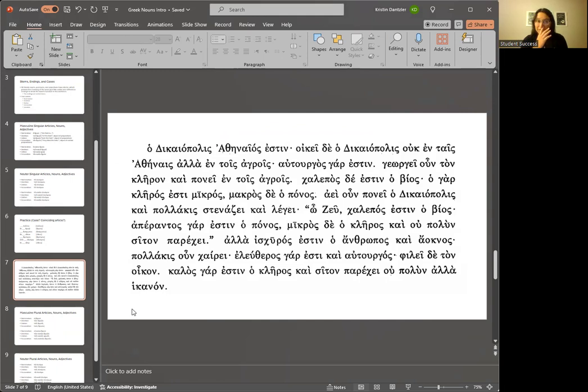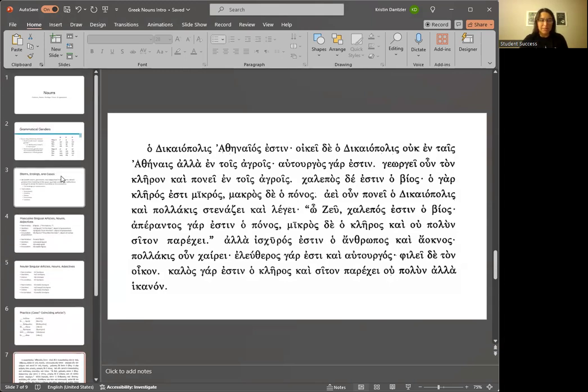So I figured I would give you a quick overview of nouns really, really fast, just to get your brains oriented, because that's probably one of the most overwhelming parts of Greek: understanding the nouns and their corresponding articles. I would say it's between that and the verb tenses, of course.